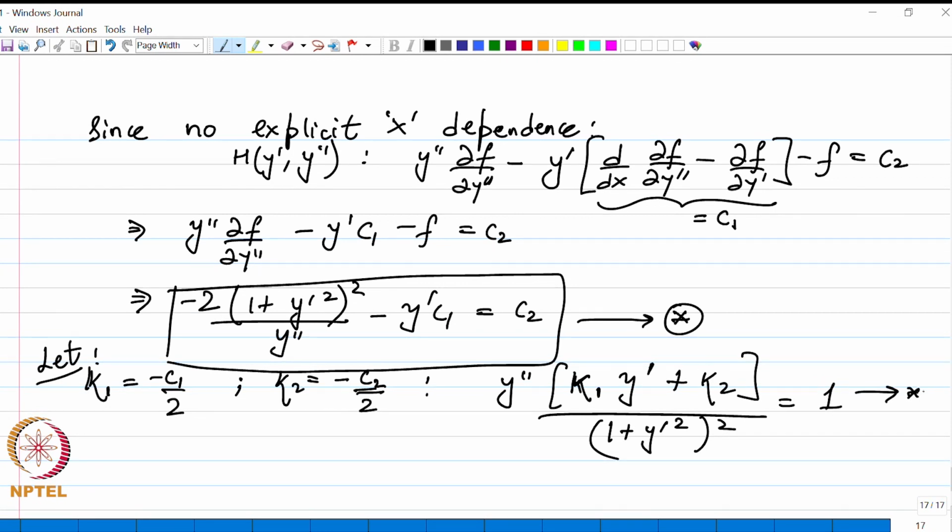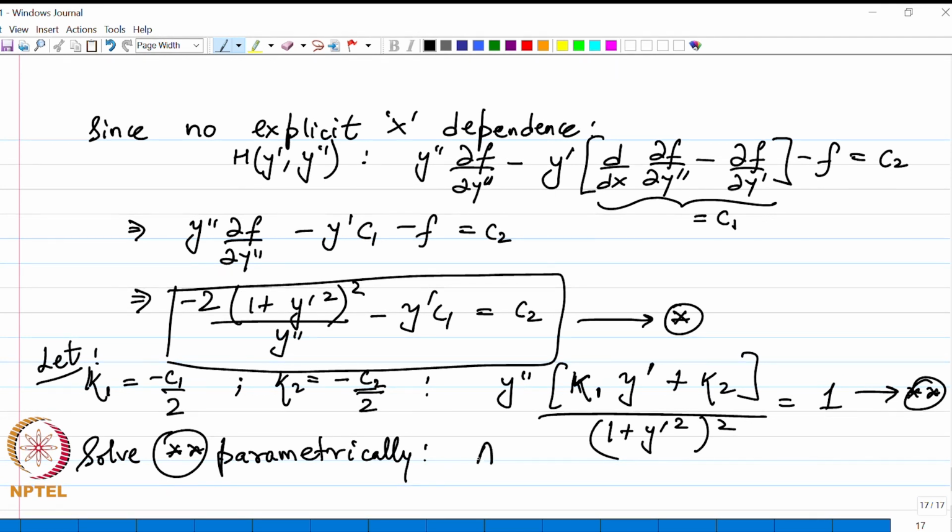Let me call this double star. From now on we solve double star parametrically by assuming that y prime is equal to tan psi. This is the starting assumption for our parametric solution.